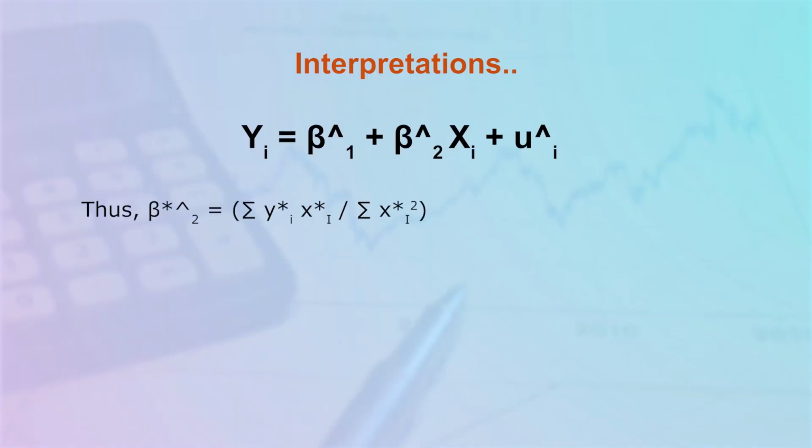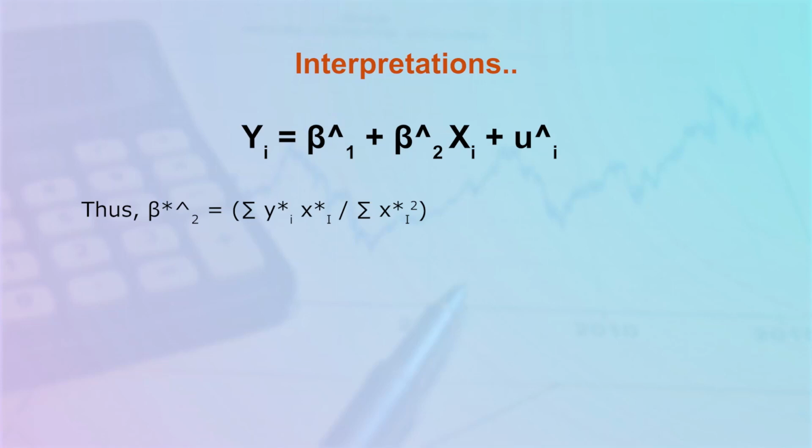Now we go back to our original expression of beta hat 2, the estimated value of the slope coefficient. In a normal model, which is not rescaled, the formula of beta hat is summation yi xi divided by summation xi square.